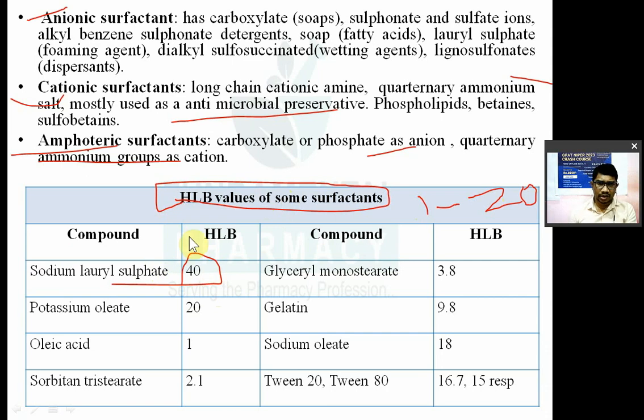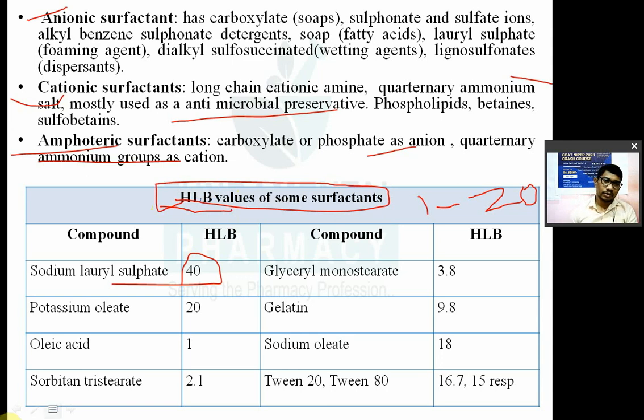HLB is nothing but the hydrophilic lipophilic balance, because in the surfactant molecule you have both a hydrophilic group as well as a lipophilic group. So to characterize them, there should be some arbitrary scale, which was developed by Griffin in 1940, known as the HLB scale.